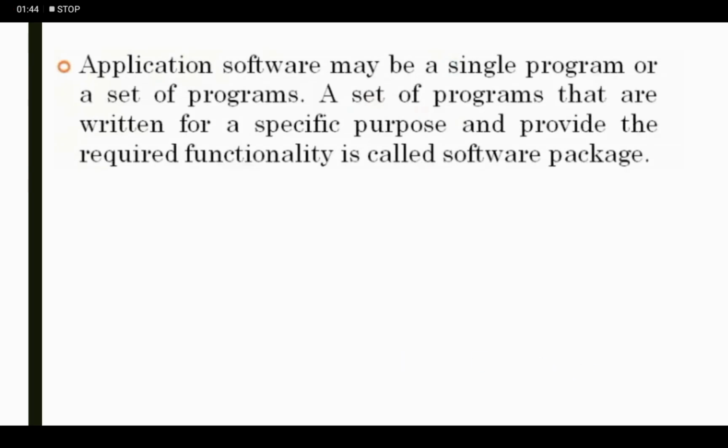Application software may be a single program or a set of programs. A set of programs that are written for a specific purpose and provide the required functionality is called a software package. So an application software can be a single program or a set of programs.